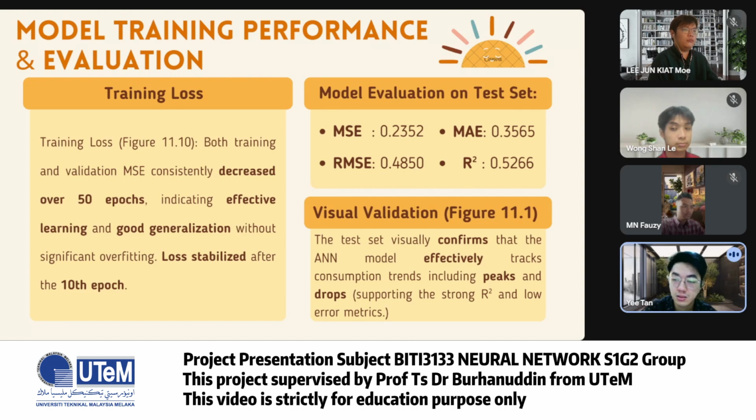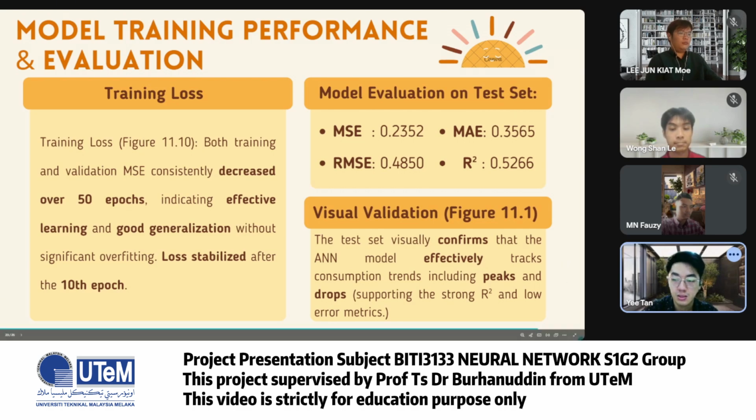The result of the model evaluation on the test set is MSE 0.2352, RMSE 0.4850, MAE 0.3565, R square 0.5266. For the visual validation in figure 11.1, the test set visually confirmed that the ANN model effectively tracks the consumption trends during peaks and drops, supporting the R square and lower error metrics.